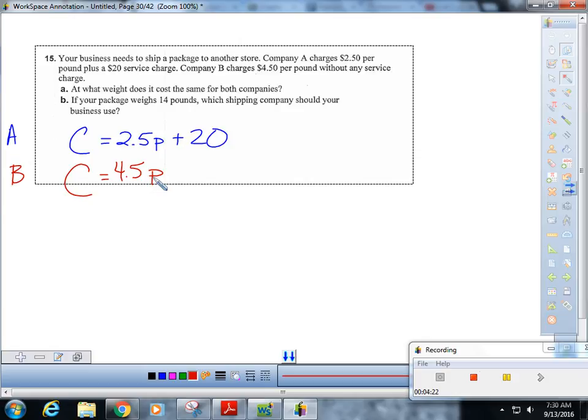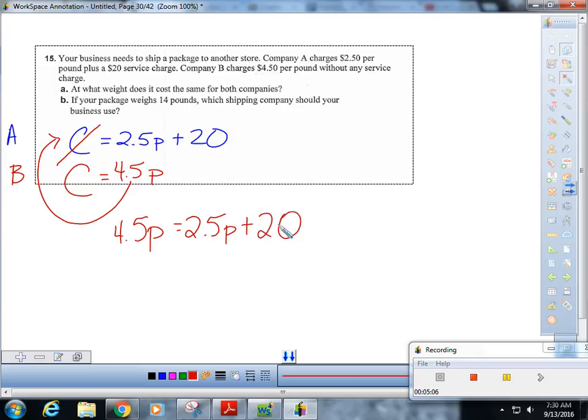This is kind of a nice little segue into today's lesson. The power of the equal sign. It tells us that C equals 4.5p. So what I'm going to do is take out C here, and what do you think I'm going to put in? I'm going to put in 4.5p. So 4.5p equals 2.5p plus 20.